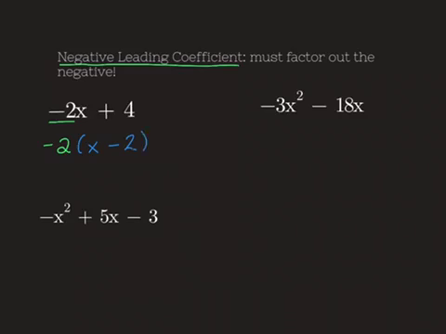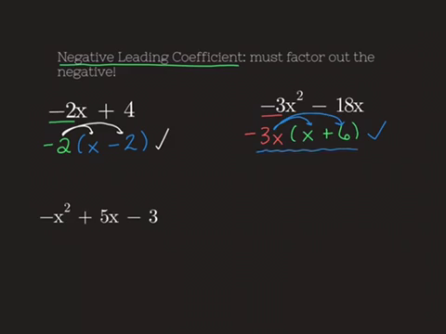So again, if I went back and distributed, would I get my original answer? And I would. Same thing for the next one. I have a negative leading coefficient, so instead of factoring out 3x, I need to factor out negative 3x. That will leave behind an x and a positive 6 because I have negative 18 divided by negative 3. Again, I can easily and quickly check that my answer is right using distribution, and this is my factored form here.